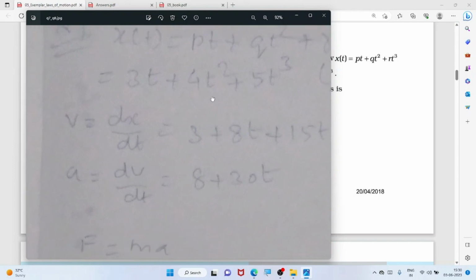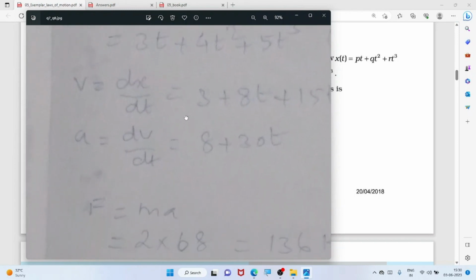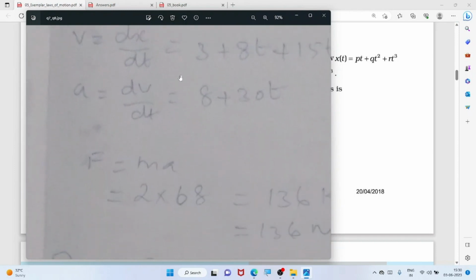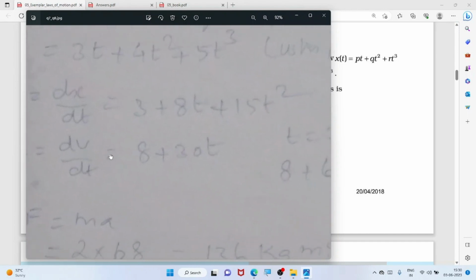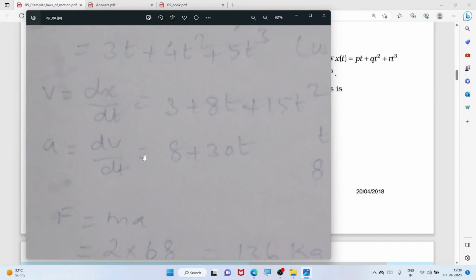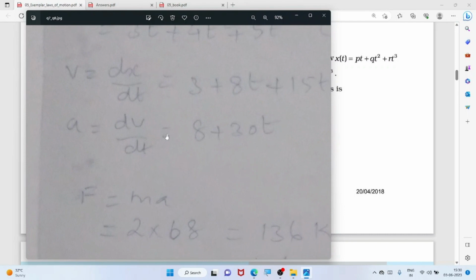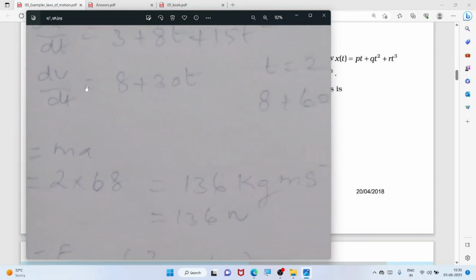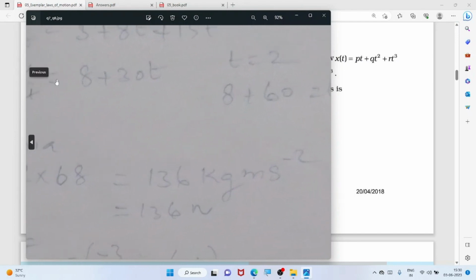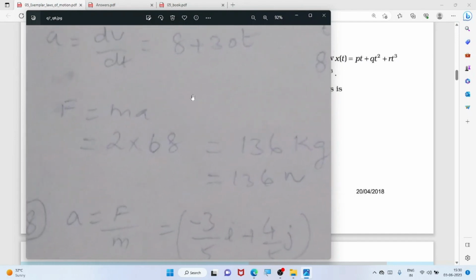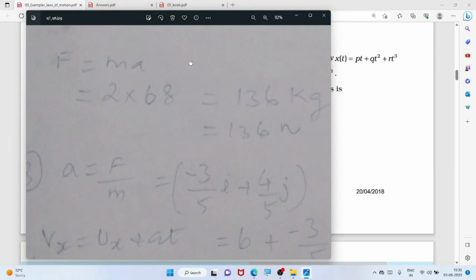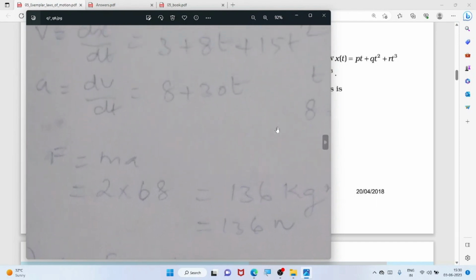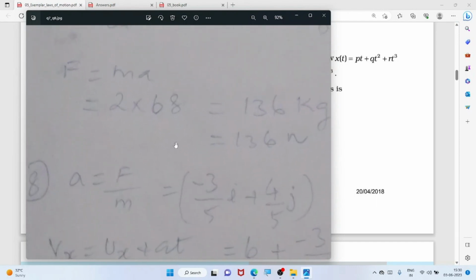This is x of t, and we find the velocity by differentiation, then by double differentiation we find the acceleration. First differentiation of displacement gives velocity, then differentiation of velocity gives the acceleration. Force is equal to ma; we found the acceleration, then we find the force.